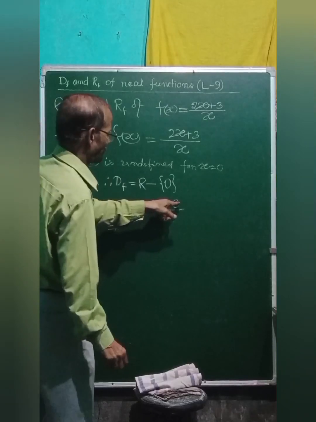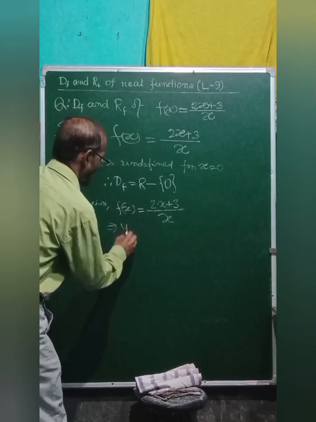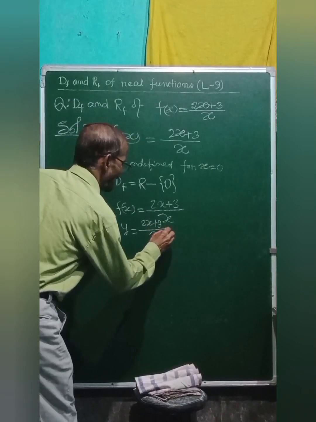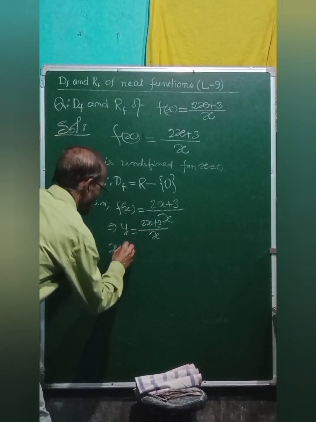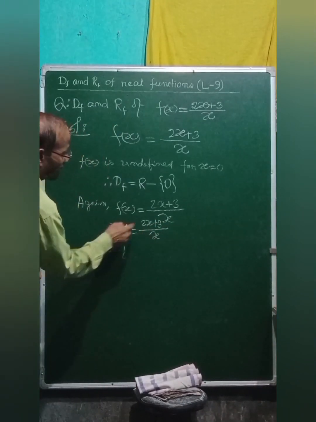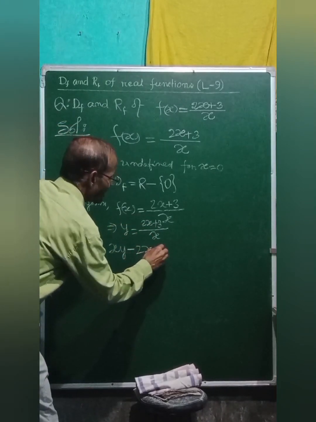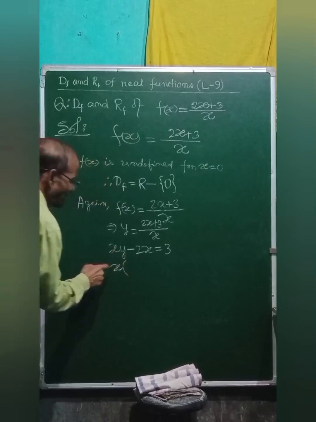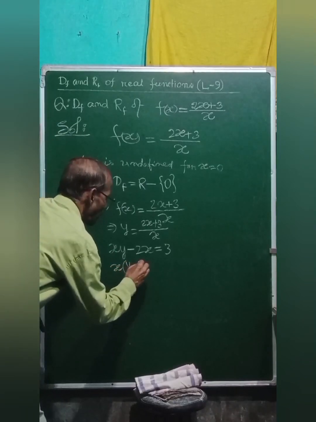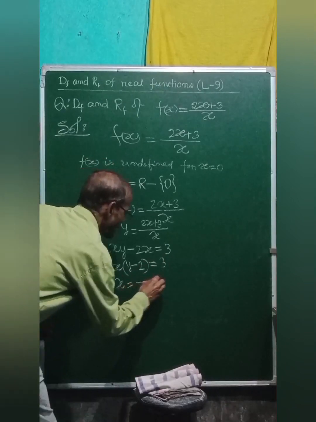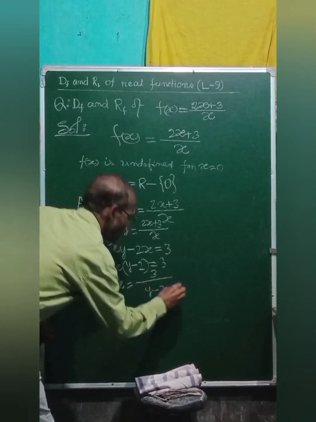f(x) = (2x + 3)/x implies y = (2x + 3)/x. Cross multiplying, xy = 2x + 3, then taking this to this side, xy minus 2x equals 3. Taking x common, we get x(y minus 2) = 3, so x = 3/(y minus 2).